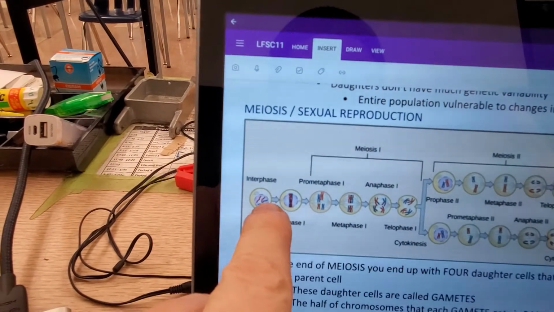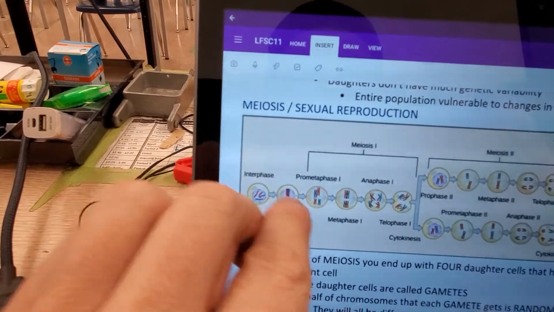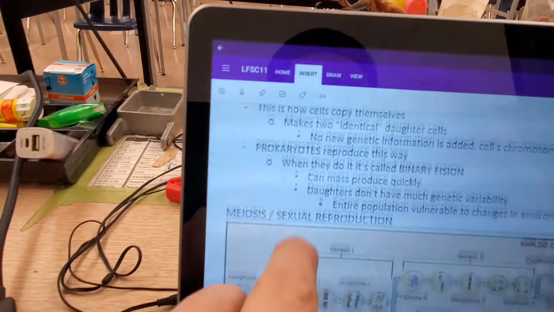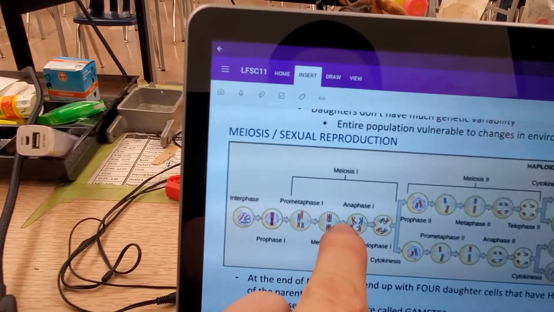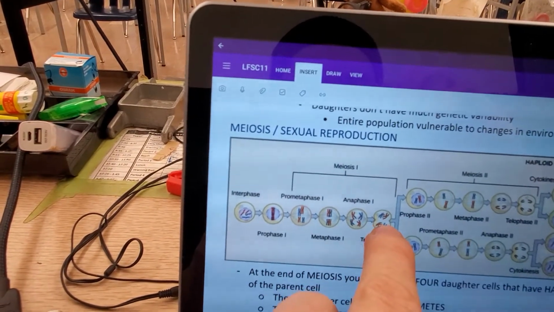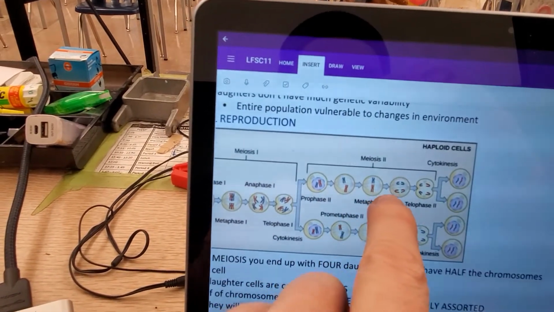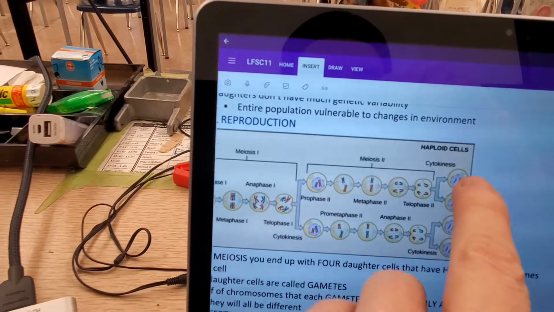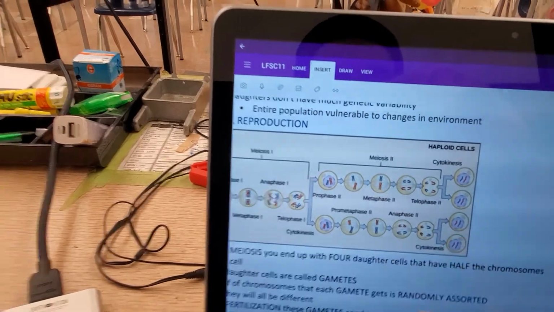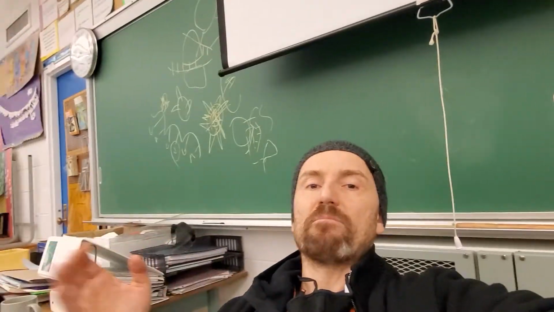So you duplicate all the chromosomes, they arrange themselves just as they did in that bit, and then the cell splits, so there are two copies of the chromosomes. But then it splits again, so only half the chromosomes make it. And the chromosomes are independently assorted.